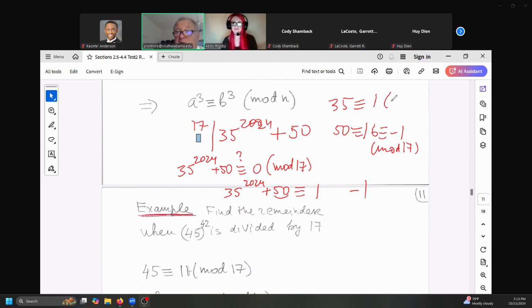So we get 1 to the power 2024, and instead of 50, I can write negative 1. And what is the total? The answer is 0. So this whole expression, 35 to the power 2024 plus 50, is congruent to 0 modulo 17. It means if you take this number and divide by 17, the remainder is 0. So this number is divisible by 17.